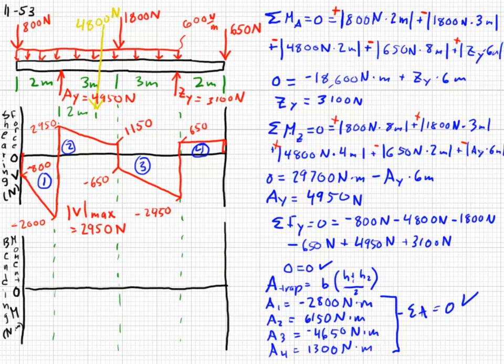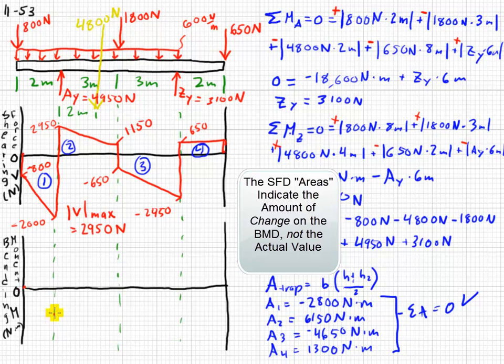Now, in this case, it's much easier to just connect the dots. So what we do is we look at each of the areas, 1, 2, 3, 4, starting at 0, just like the shear force diagram, and we go down 2800 Newton meters. So I'm just going to make a point here. Worry about the curves in between afterwards.